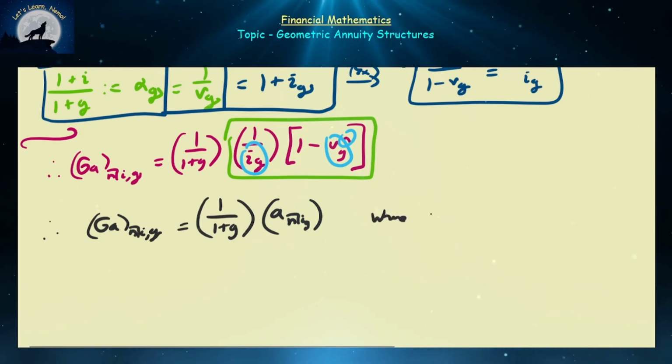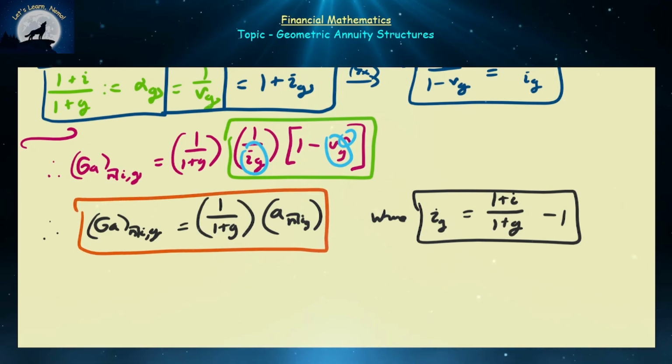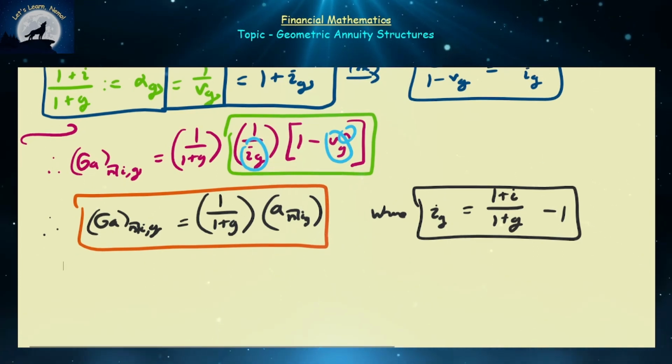where i_g is equal to 1 plus i all over 1 plus g minus 1. I recommend you try and verify that result on your own. Okay, so we have this very beautiful identity for calculating the value of a unit geometric annuity, and then we can multiply that by m to get our general structure, right?